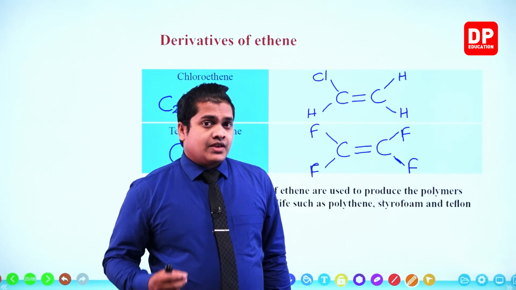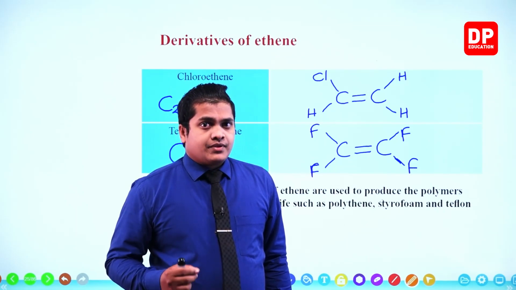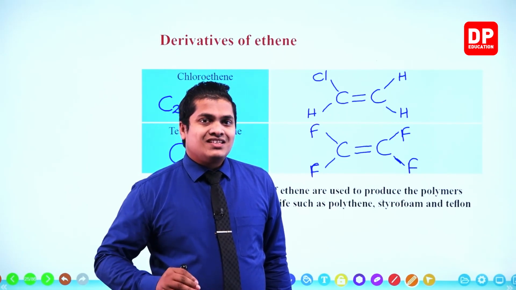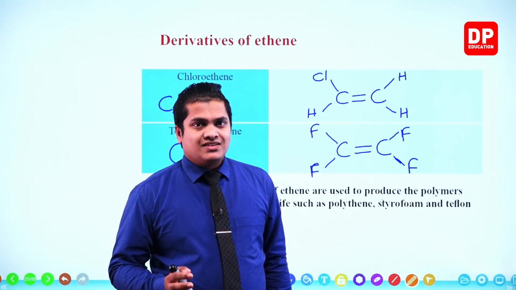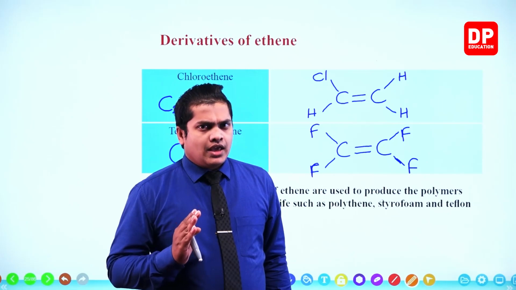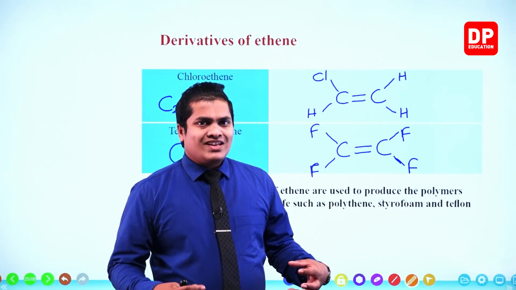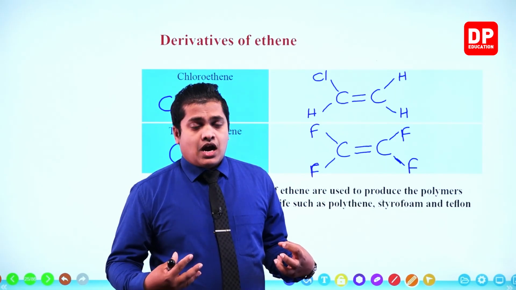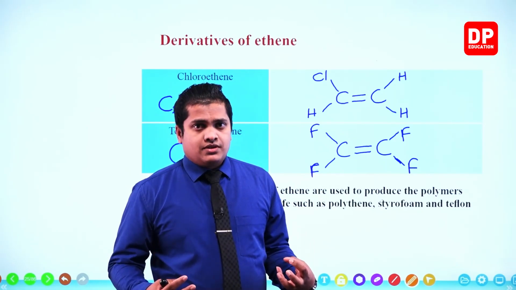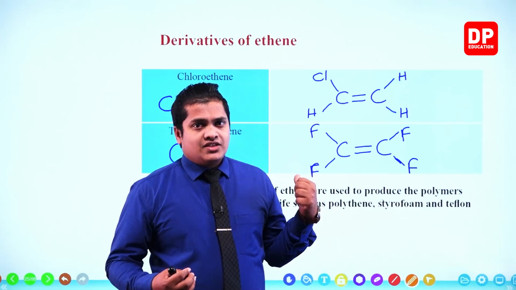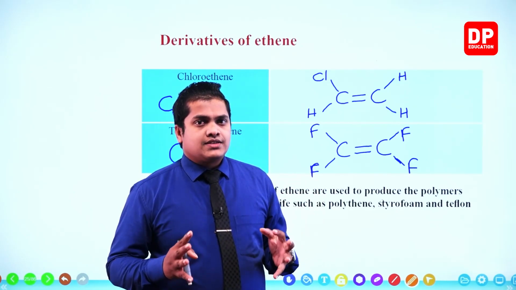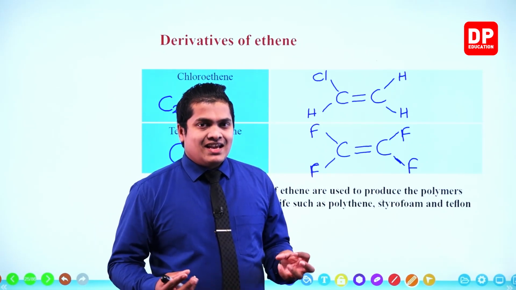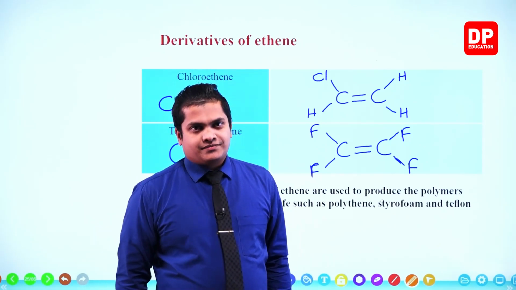So, my dear children, here the same procedure is going to happen. However, these things are carried out artificially. That means these things are carried out by humans. To create different kinds of artificial polymers, artificial bigger molecules, we use these structures which are called chloroethene, ethene and tetrafluoroethene.